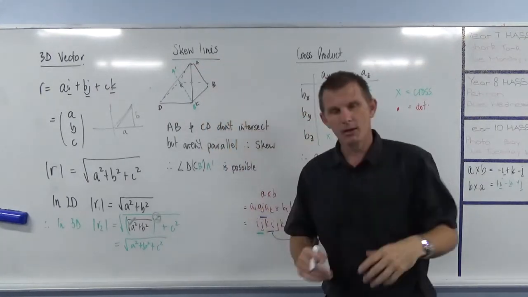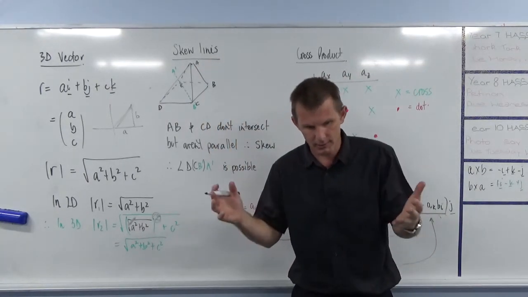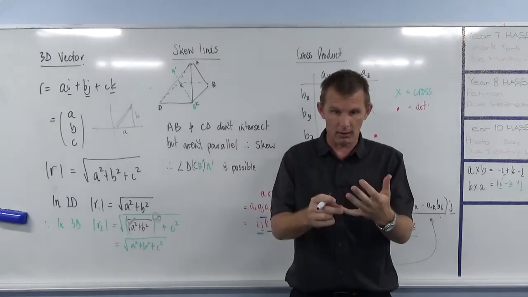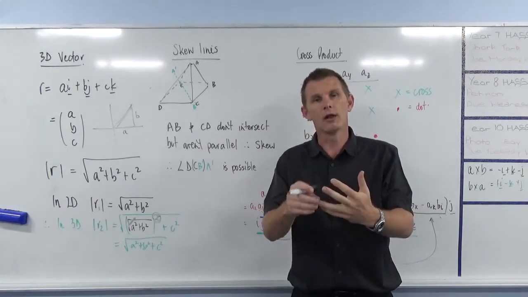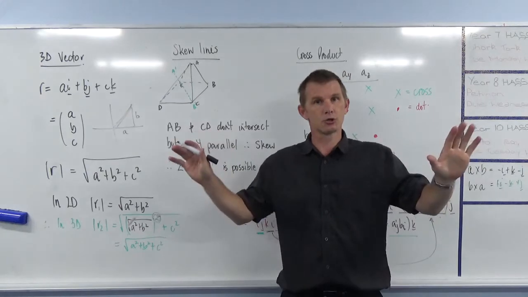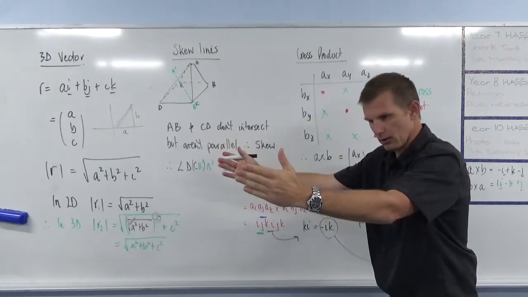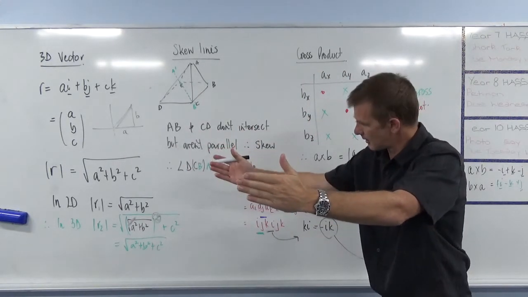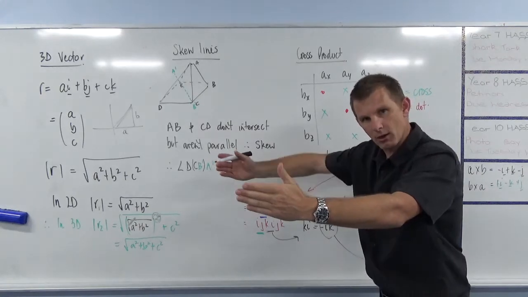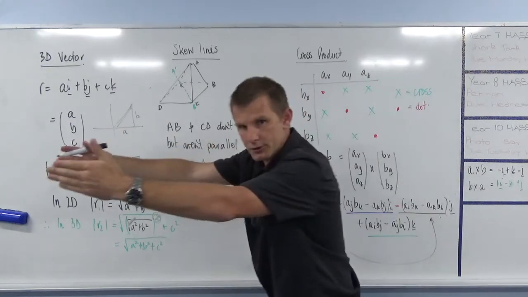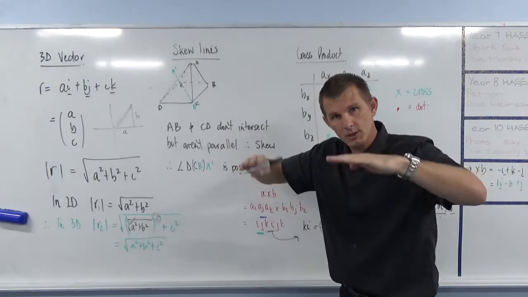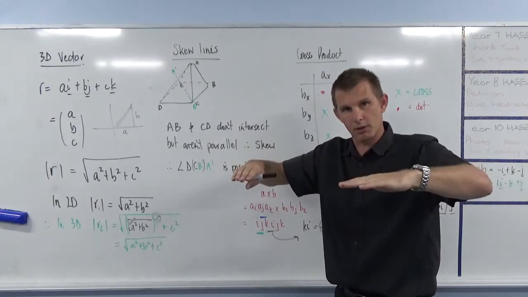Skew lines. Now, in 2D vectors, we have parallel lines or the lines will cross over. They're the only two situations, because you think, parallel lines, no problems. As soon as I kick one of them at a slight angle, they will cross over because in 2 dimensions, they all exist on the same plane.